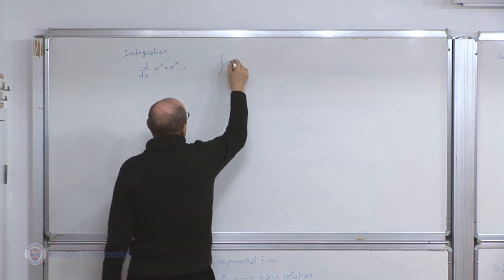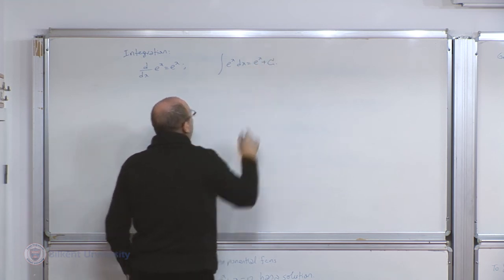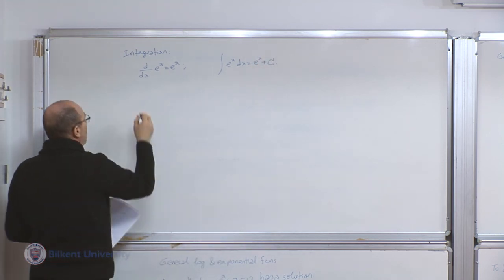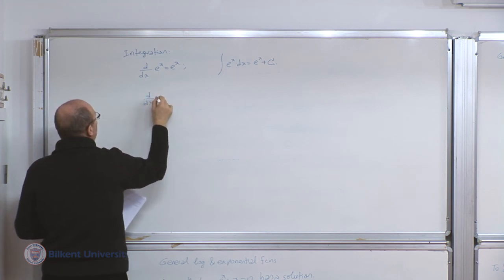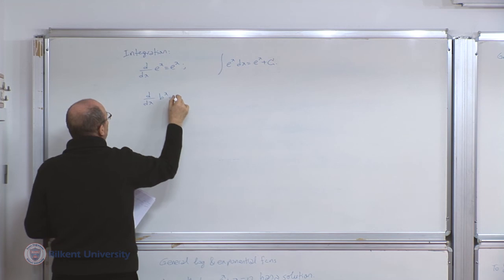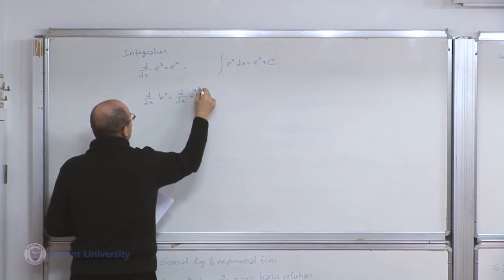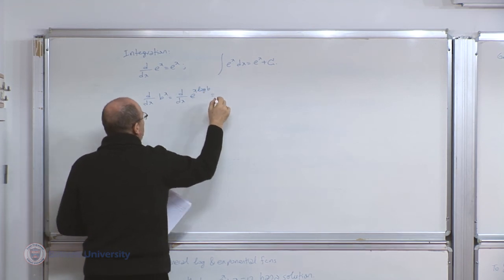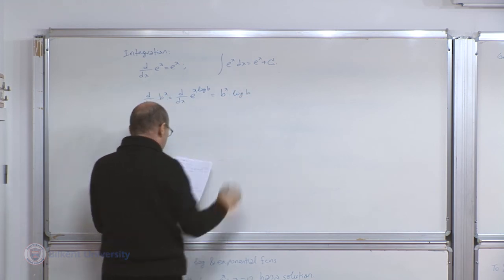First of all, the integral of e to the x dx, as we know, is e to the x plus c. Now, of course, we change to b to the x. So what is d over dx of b to the x? We know that we can write this as e to the x log b, so the derivative is going to be itself times log b.